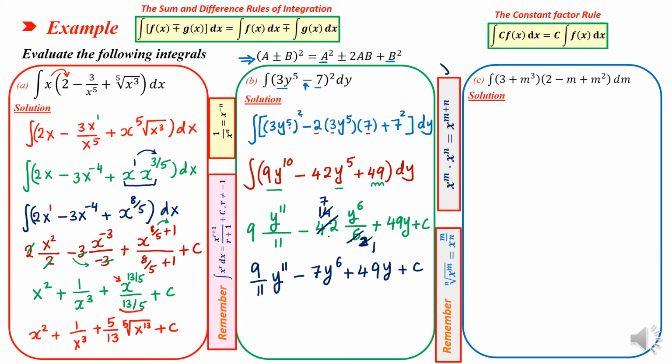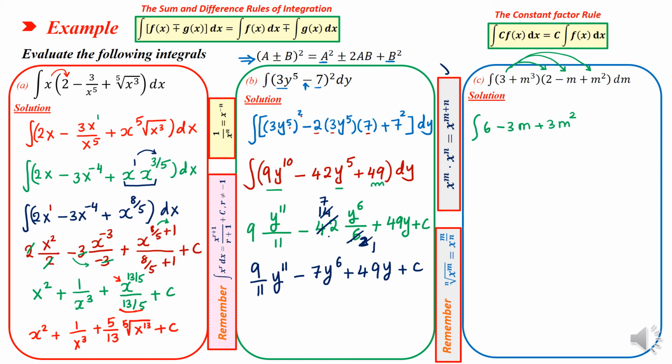So the first thing, you have to multiply 3 times 2 equal to 6, and 3 times negative m equals negative 3m. 3 times m squared equals 3m squared.